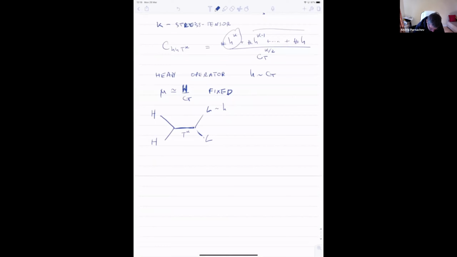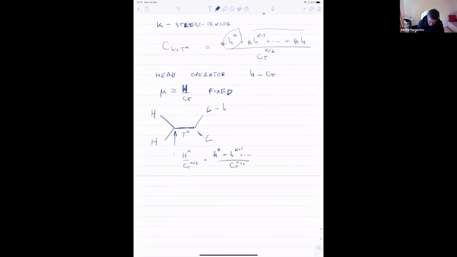The OPE coefficient which comes here scales like H to the power K over CT to the power K over 2. And the OPE coefficient which comes here scales like H to the power K plus H to the power K plus 1 plus and so on, over CT to the power K over 2.